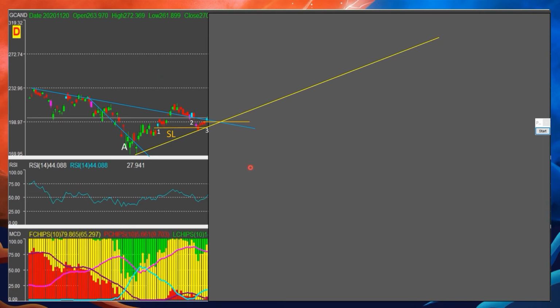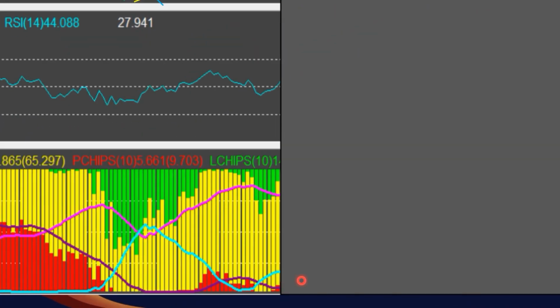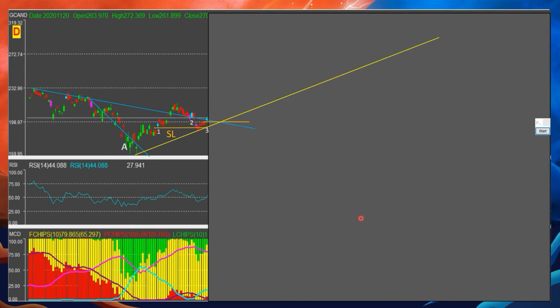Now look at number 3. Again, the RSI is above 50, blue color, but I look at the multicolor dragon immediately. Green color, there are profitable chips, red color above the MA line. So one of the conditions complies, but the other condition, where there should be no lock chips, is still green, so it doesn't really comply. I skip. I wait.